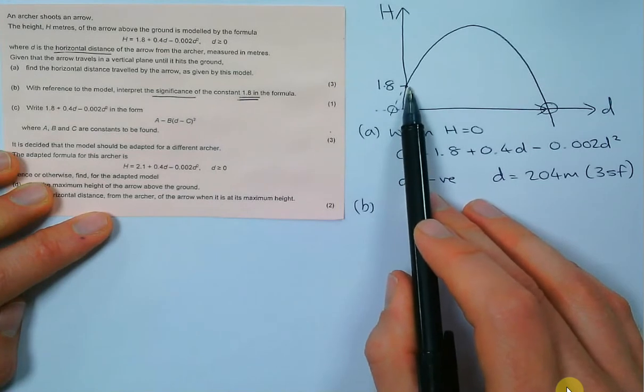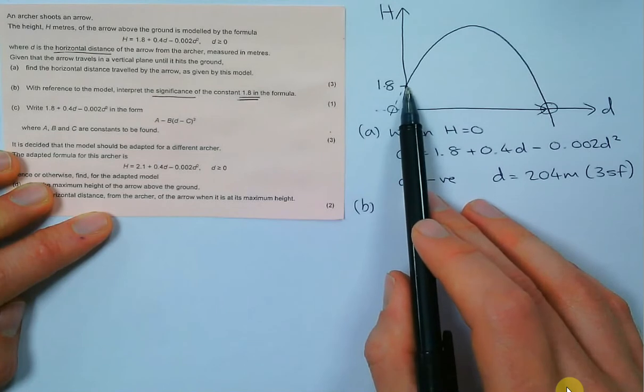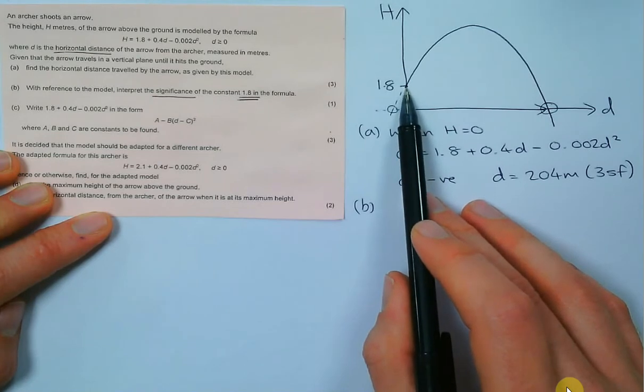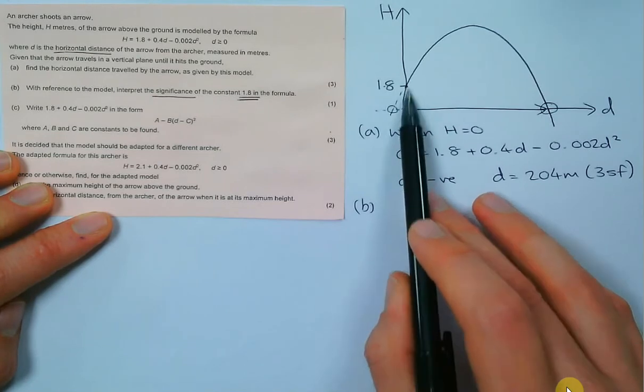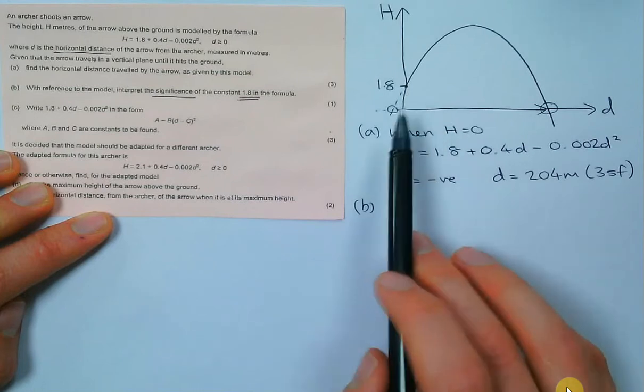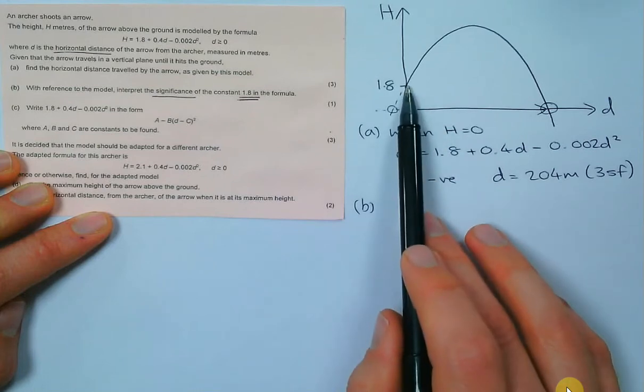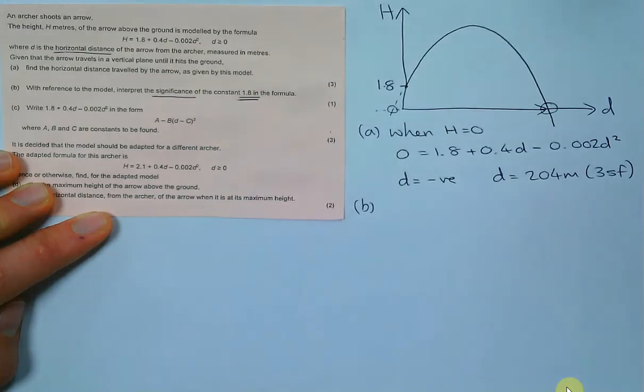I wouldn't go into too much detail saying the height of a person, because no one fires an arrow from the top of their head. It's actually from their eye line. So you could say eye height of the person. I would just simply say the height above the ground from which the arrow is being released. I'm not going to write that down, but I've said it to you.